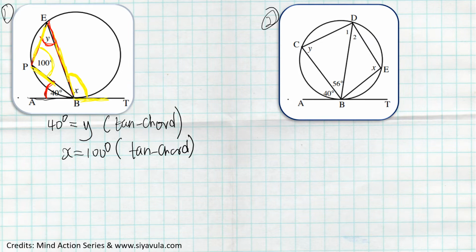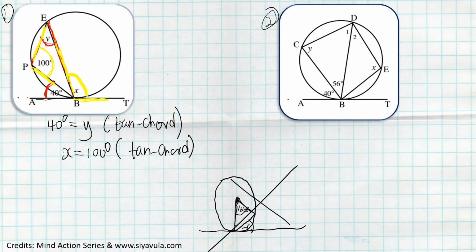Okay, so you can get something like this, and I want you to be very aware and not to make this mistake, right? Because a lot of students tend to make it. You can get something like this, and maybe you are given here maybe 100 degrees, maybe x. A lot of students might make a mistake here to say this angle x is equal to 100 degrees, angle subtended by the two other chords.